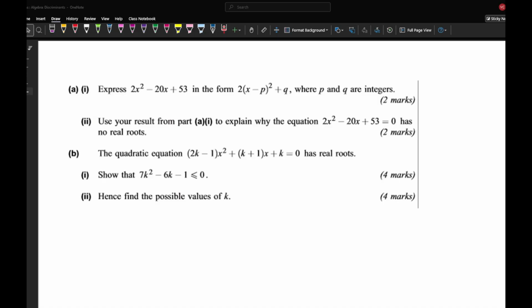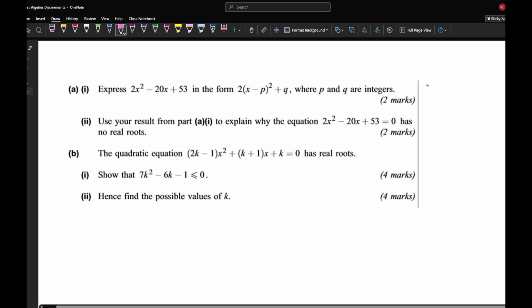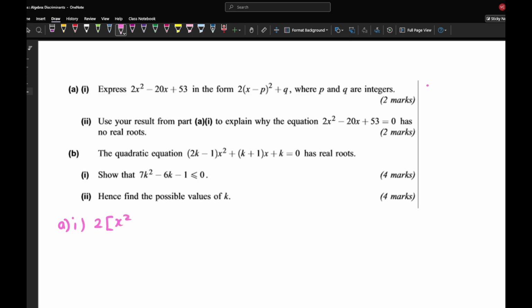So let's have a look at this next exam question. So for the first part, it says express 2x squared minus 20x plus 53 in the form of completing the square, where we've got p and q to find. So if I take this first bit here, take out the 2, so we end up with x squared minus 10x plus 53 over 2.